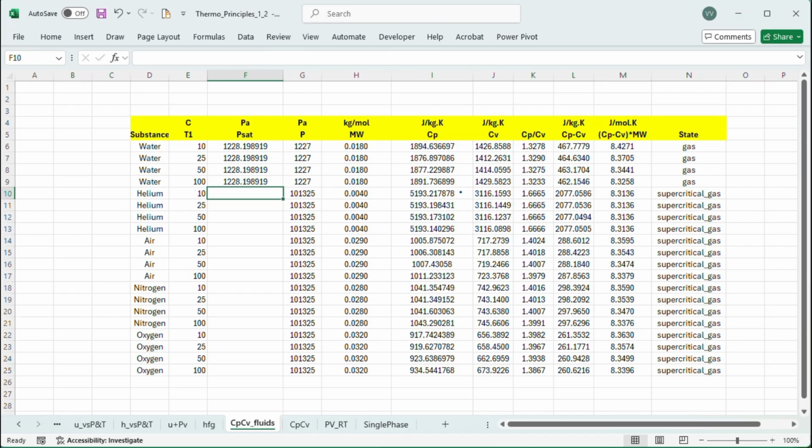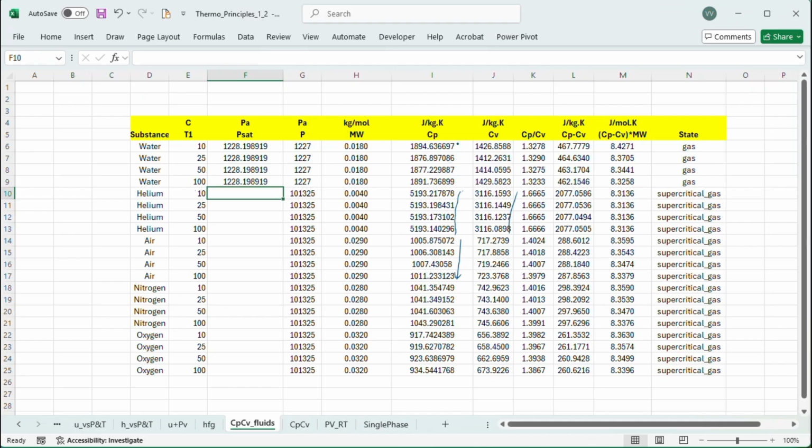For helium, it's more or less constant. There's not much change. For air, there's a slight increase as the temperature goes up. For nitrogen also, there is an increase as the temperature goes up. Same for oxygen. For water, however, it decreases and then increases.